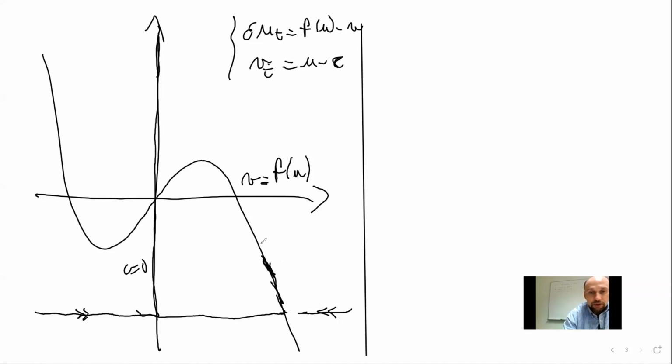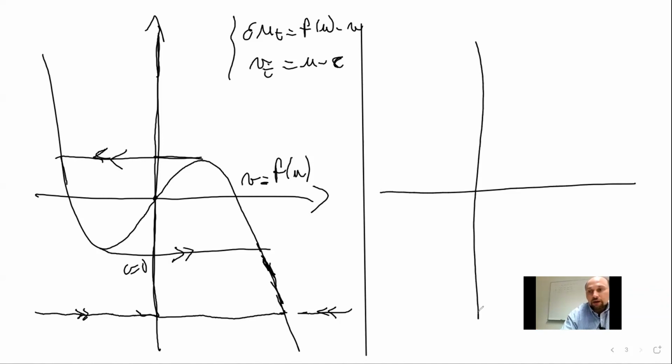So I go like that, I come back here, and I come back, and I come back. So I have a limit cycle. We can prove that. And so here the stationary point is at the intersection of the two nullclines.